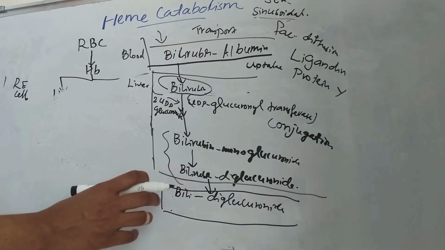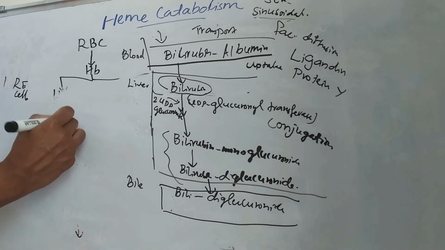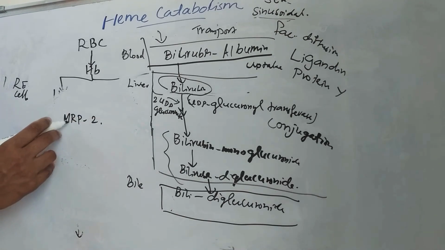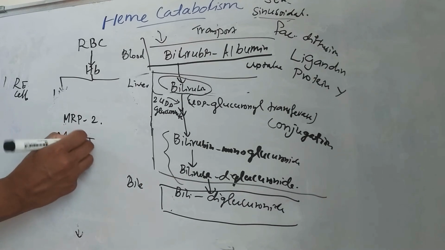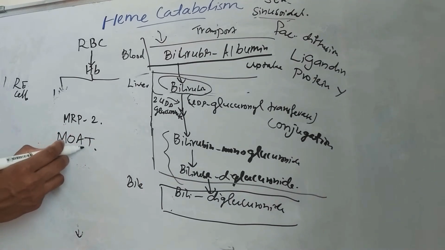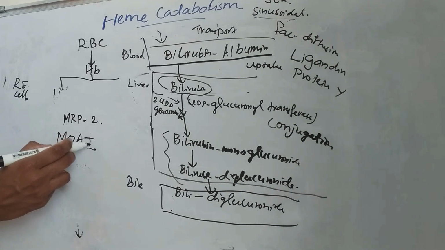Here the protein involved in this reaction is MRP2, that is multi-drug resistance protein 2. It is also called MOAT, that is multi-specific organic anion transporter.